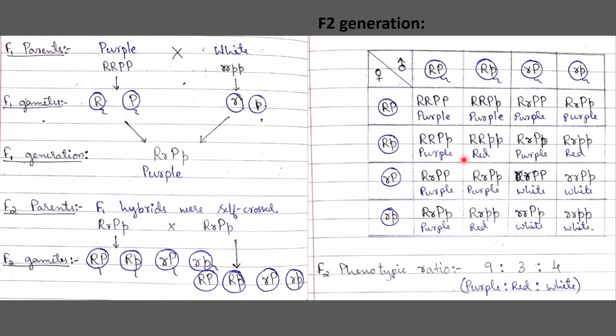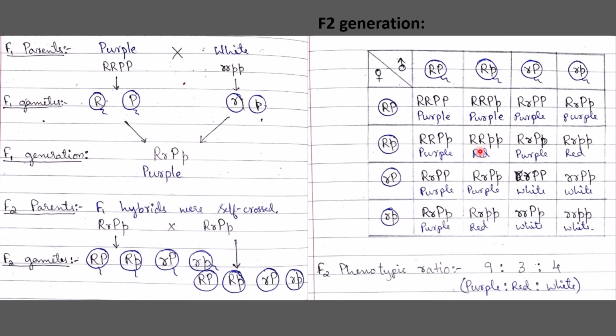Now coming to these 3 genotypes, they have only dominant allele R, and there is no dominant allele P to supplement this character of the dominant allele R from red to purple. So what happens here is there is only production of red color.